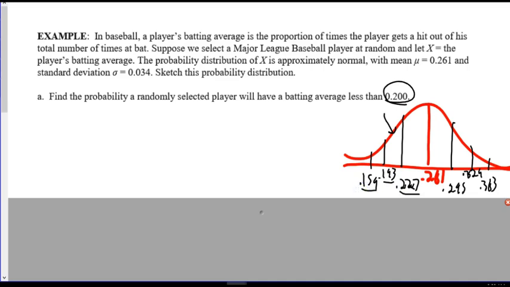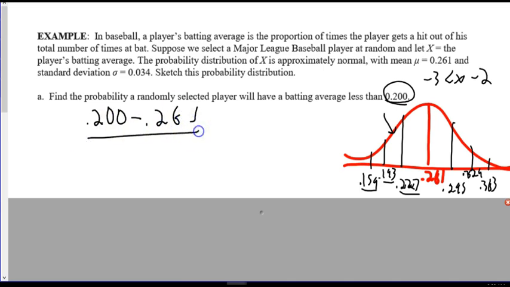So we know it's going to be between those two numbers. The z-score is going to be somewhere in there. So we just go back to that very simple calculation. Our actual score minus the mean divided by standard deviation. That's our z-score. Very simple. And obviously it's going to be a negative number.